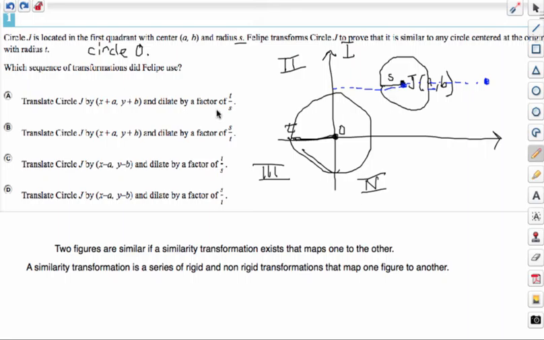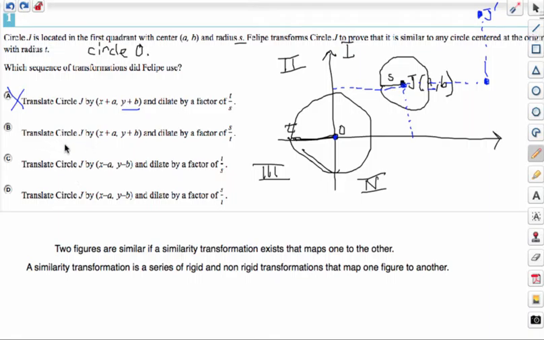And then we're going to add b to its y coordinate, so we're going to double this vertical distance also. So it's going to be up here somewhere. And then we're going to dilate it by a factor of T over S. So if we're moving it over here, we're not mapping it to circle O. So this would not be the correct series of transformations.